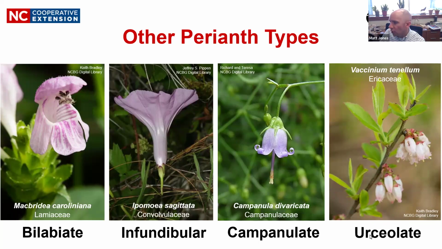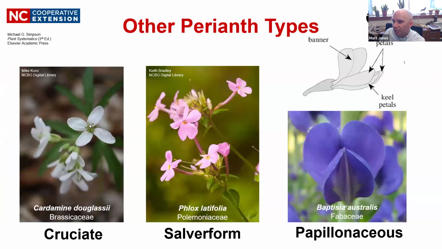Urceolate flowers means urn-shaped, and these are characteristic of many species in the blueberry family, the Ericaceae. So you can see they flare out and then narrow back at the tip, kind of like an urn does. Cruciate flowers mean cross-shaped flowers, like many species in the mustard family, Brassicaceae.